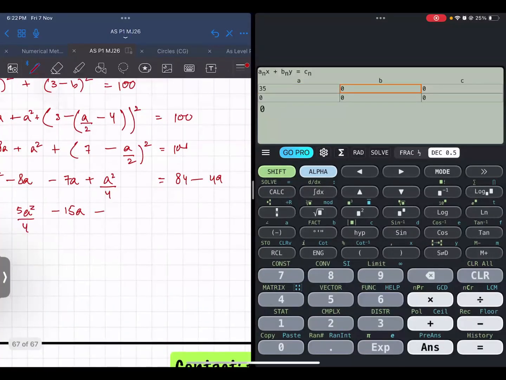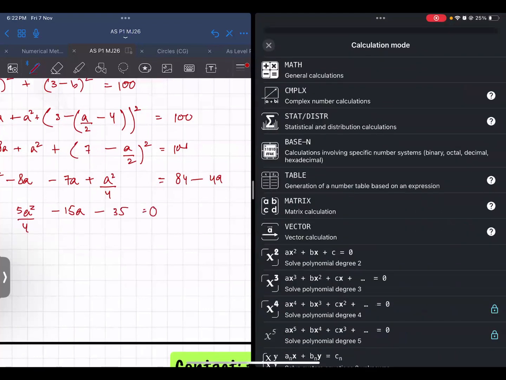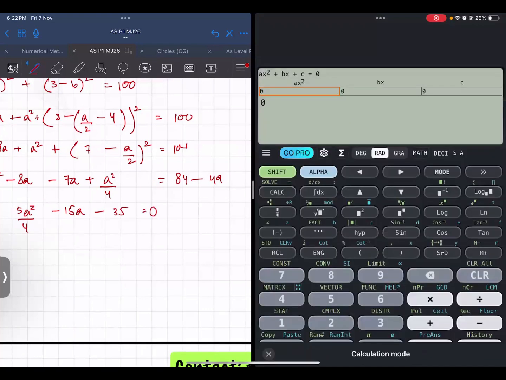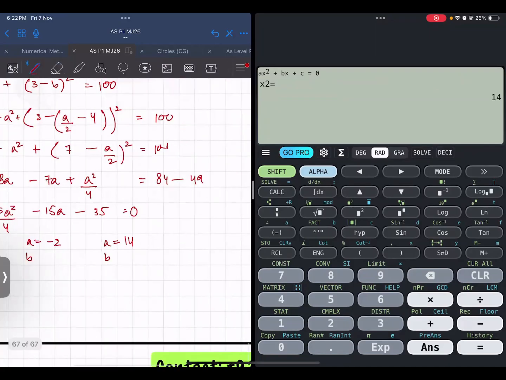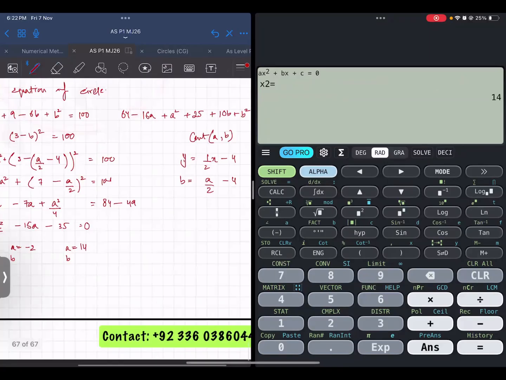And then quadratically solve this. 5 upon 4, minus 15 and minus 35. A is minus 2 and a is 14. And now you'll find the value of b as well. So when a is minus 2, upon 2 is minus 1, minus 4 is minus 5.